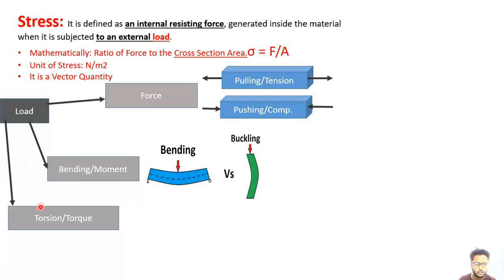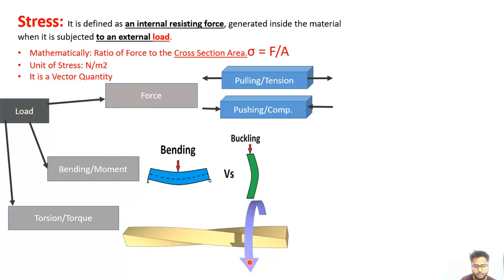The next is torsion or torque applied on a machine member or component, just like the twisting of this rod. This is a rectangular rod which is under an applied torque. If a twisting force is applied on the machine member or material, it causes a restriction of deformation, and restriction of deformation is responsible for stress generation.